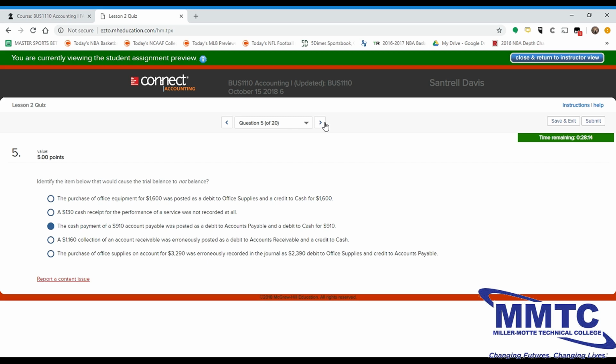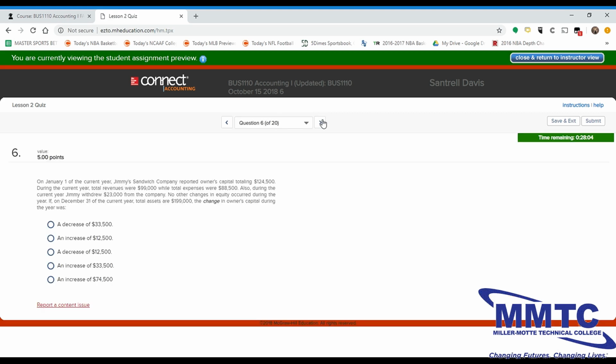Question 19 is the answer. Why? Because we debited. Can't do that in accounting, right? If we debit something, then we have to credit something else. So by that 910 being debit, that's wrong. We broke the laws that are set by GAAP, the Generally Accepted Accounting Principles, along with the GASB, Governmental Accounting Standards Board.